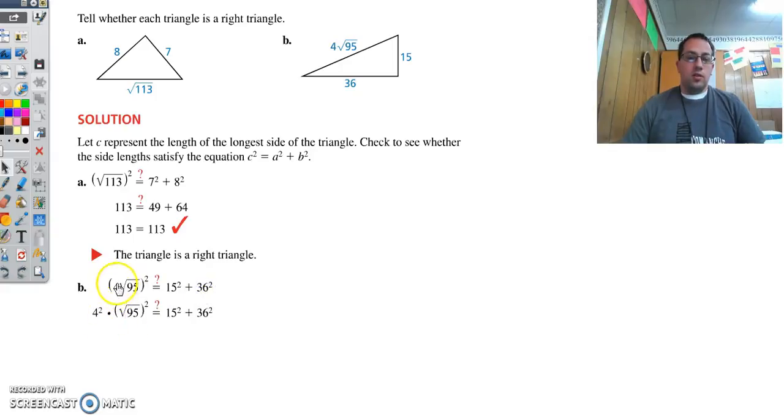Since this is all being squared, we can square the 4 and we can square the square root of 95. So that gives me 16 times 95 equals 225 plus 1296. And we get 1520 and 1521. They're close, but they don't exactly equal. So, not a right triangle.